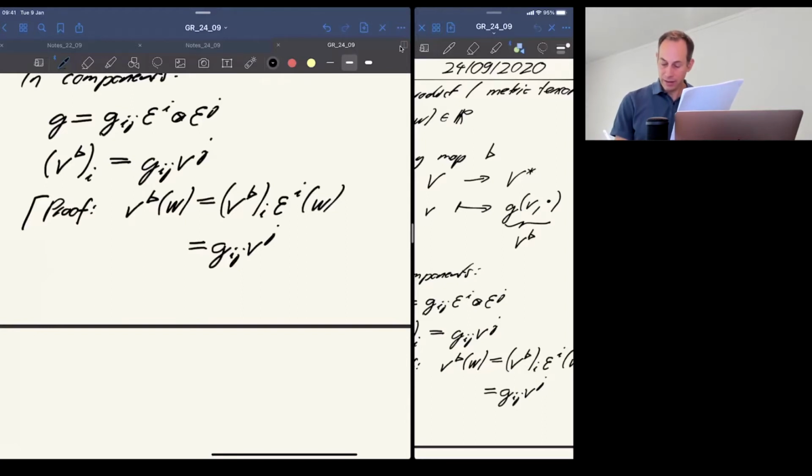And I apply epsilon^i, or yeah, maybe I do that immediately. I evaluate this, but what's this? This takes the component i from the vector W. So what this object is just W^i.